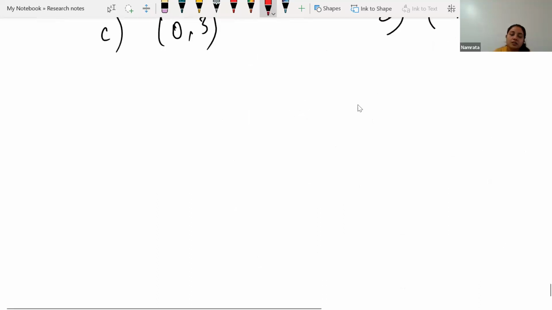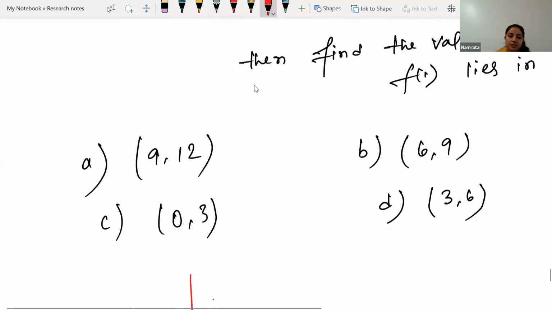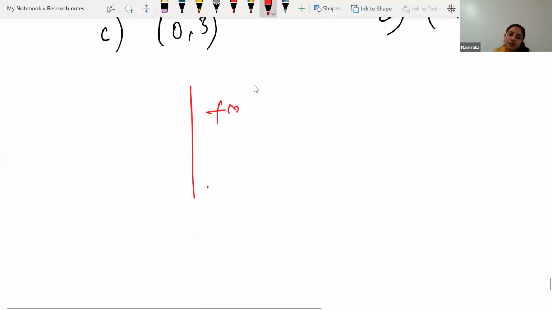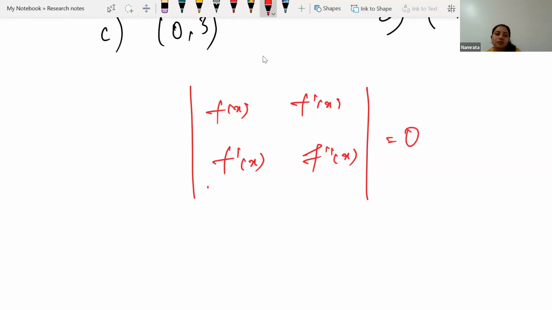So the determinant has 1, f x, f dash x, and f x, f dash x, and here also the last one is f double dash x. This is equal to 0, that is given in the question.